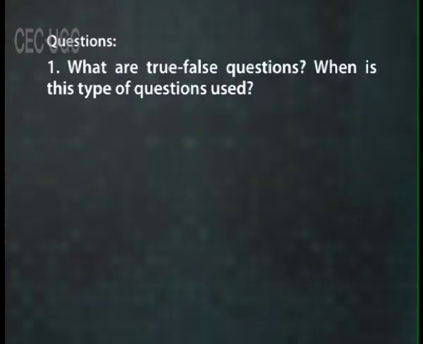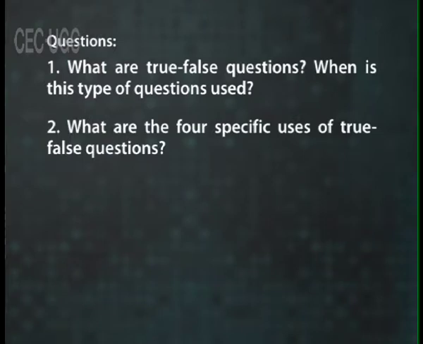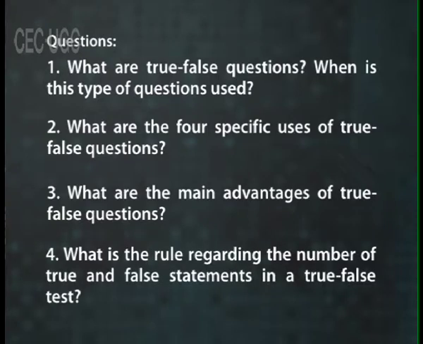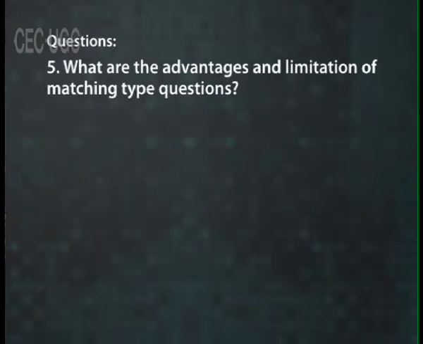1. What are true false questions? When is this type of questions used? 2. What are the 4 specific uses of true false questions? 3. What are the main advantages of true false questions? 4. What is the rule regarding the number of true and false statements in a true false test? 5.